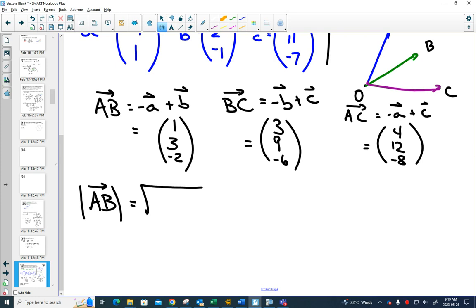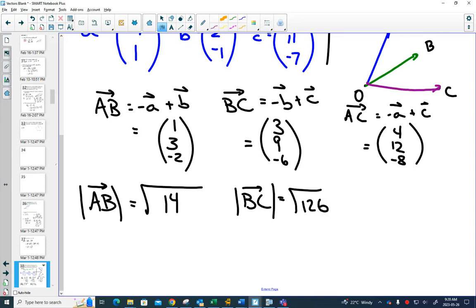Length of AB, square root of a squared plus b squared plus c squared. 1 plus 9 plus 4, 14. The length of BC, a squared plus b squared plus c squared. 9 plus 81 plus 36.